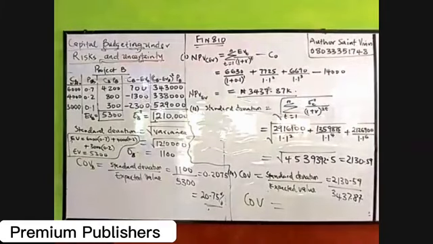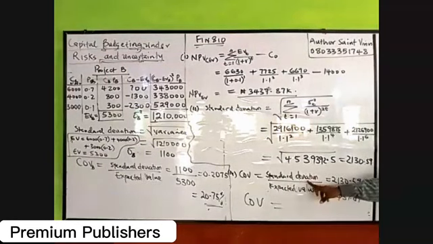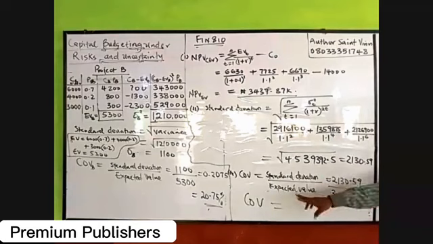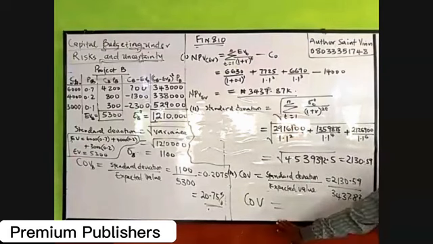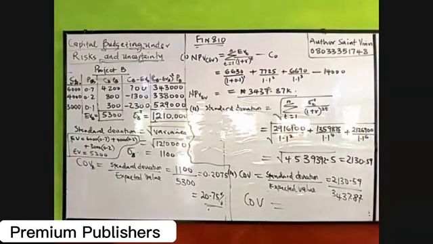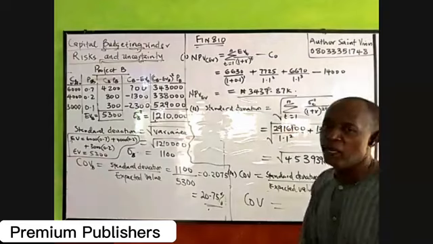The coefficient of variance of the project should be the standard deviation of the project, which is this, all over the expected value of the net present value. And that gives us the coefficient of variance. That's all about the first part of capital budgeting under risk and uncertainty. Any questions from anybody?